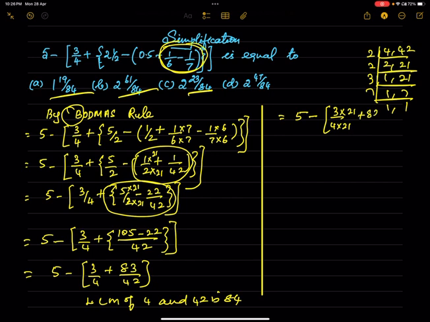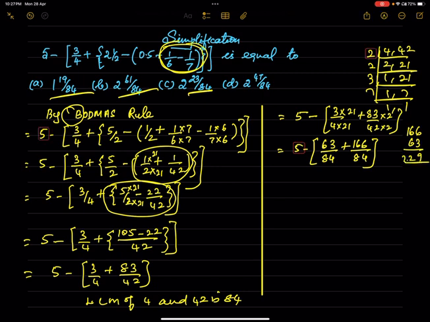On this side, 83 by 42 into 2 because 42 2s are 84. Now 5 minus 3 21s are 63 by 84 plus 166 by 84. When you add these two, 166 plus 63 is 229. So 5 minus 229 by 84.